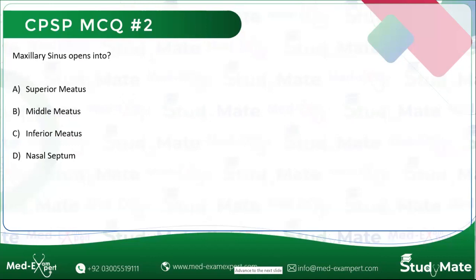Yes, Dr. Ali has correctly mentioned, and many others are also commenting. B is middle meatus. The maxillary sinus belongs to the anterior group of the paranasal sinuses, which all collectively open into the middle meatus.